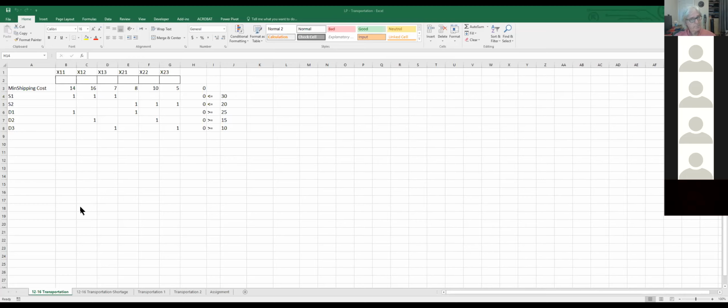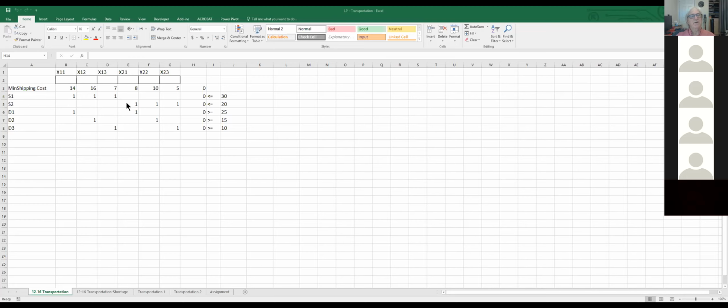We have seen it in previous problems. So from source number 1, S1, you ship to demand number 1, demand number 2, demand number 3. So therefore, it's x11 plus x12 plus x13, therefore the 1 here and here and here.